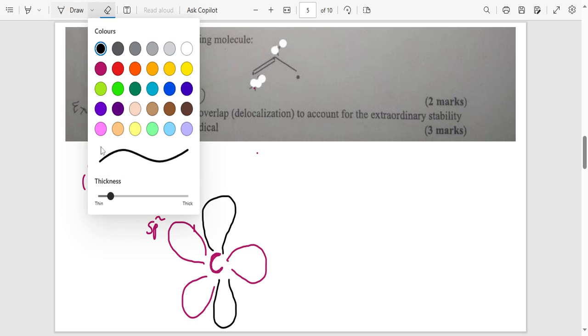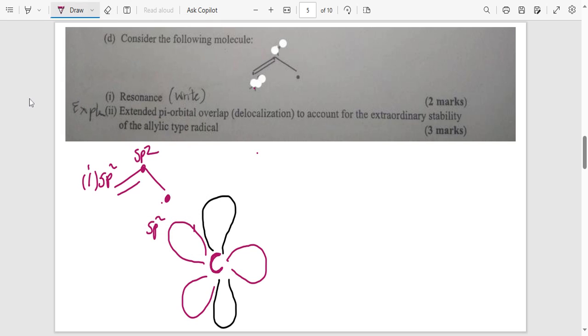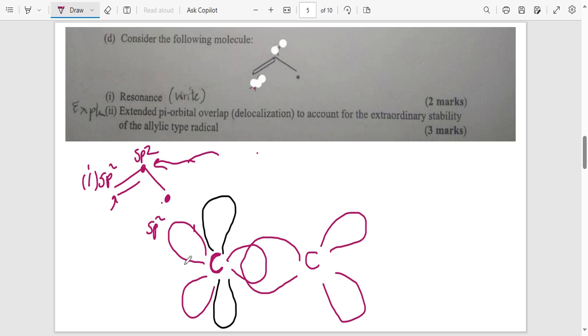So this is the first carbon that we have written here. And then there's going to be another carbon, which is this carbon here. It also has the same hybridization, so it's going to have one orbital like this, which will overlap with the other one.